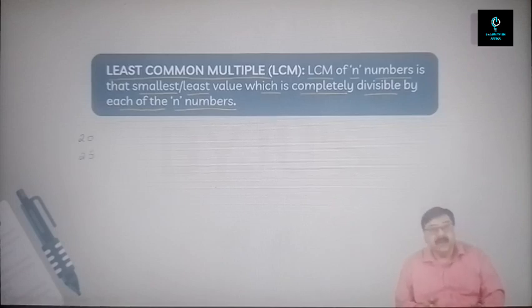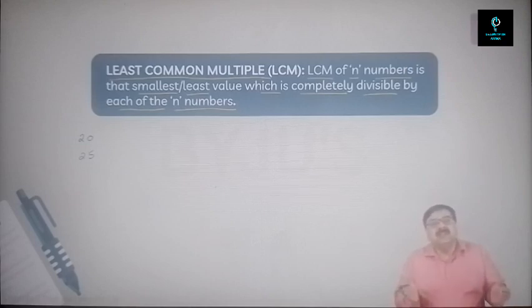You have to find out the least number which is divisible by both 20 and 25. So that number should appear in the tables of both 20 and 25. And out of all such numbers which appear in the tables of 20 and 25, the least will be the least common multiple of 20 and 25.